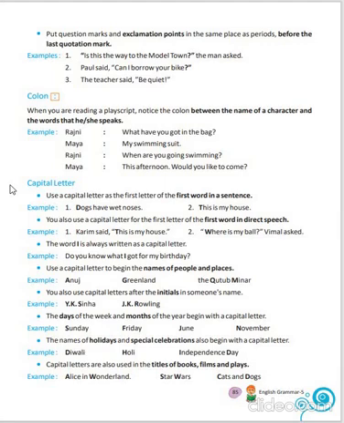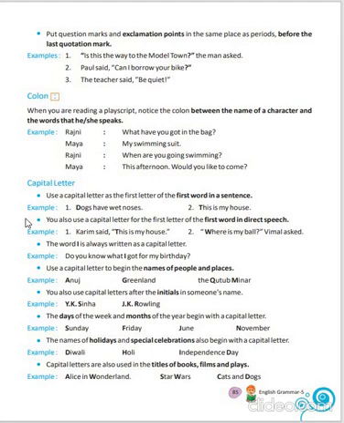Now let's learn when we have to use capital letters. Remember, the first letter of your sentence should be capital. You also have to use a capital for the first letter of the first word in direct speech.